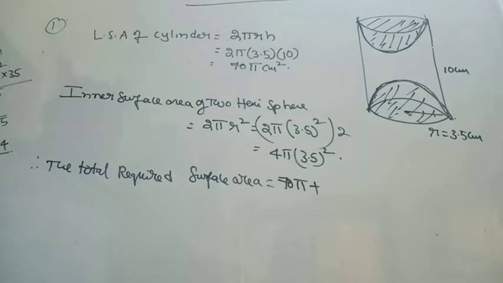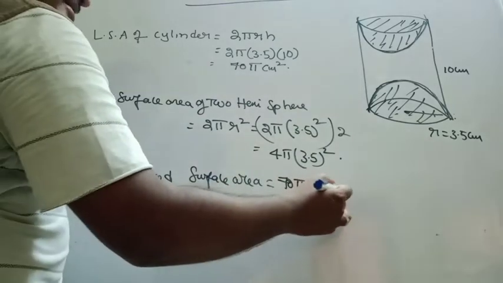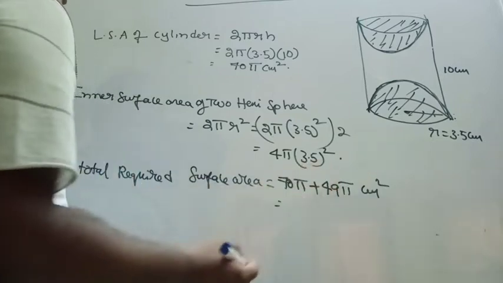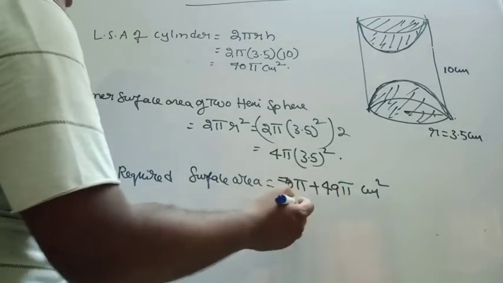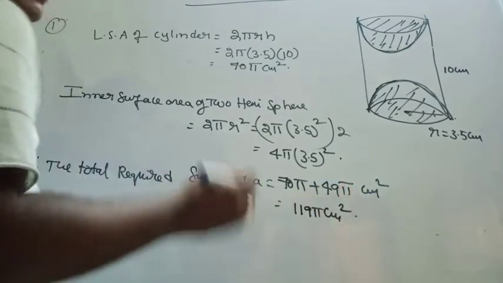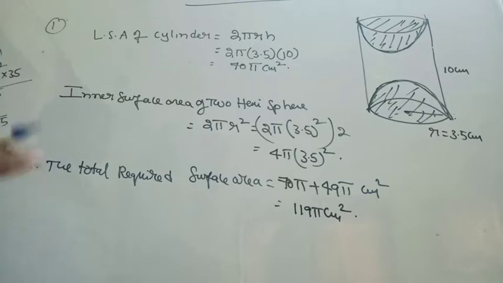On simplification, we get 49 pi square centimeters. Now 70 pi plus 49 pi becomes 119 pi square centimeters. The procedure is like this. We need to do this particular problem this way, my dear students.